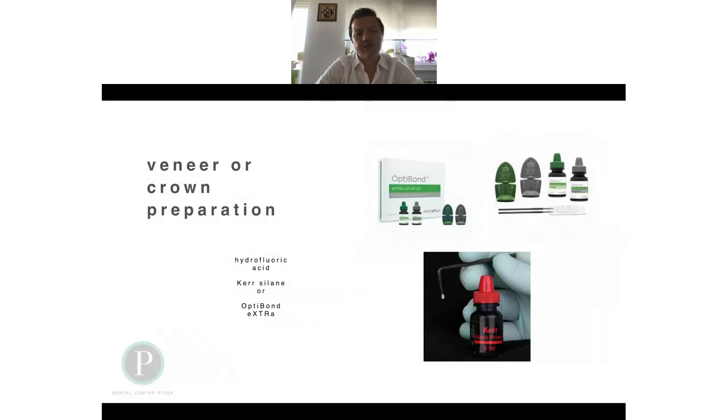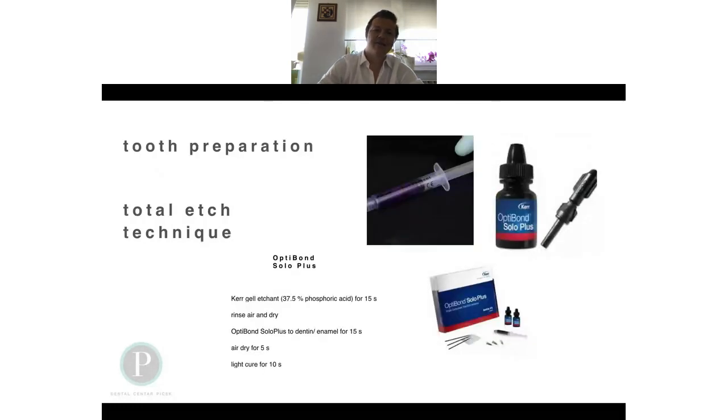You first use the hydrofluoric acid, and then after that you use Kerr silane or OptiBond Extra. You have to decide, will you do the total etch technique, or will you do the self etch technique? This case was done by total etch technique. I prefer this technique much more because I avoid one step in comparison with the self etch technique.